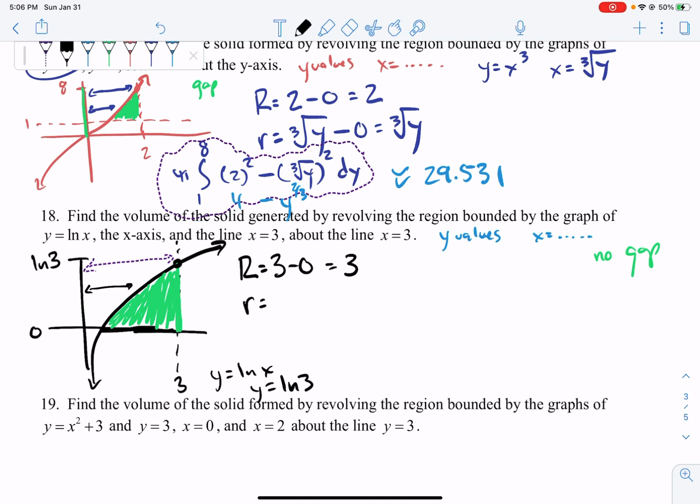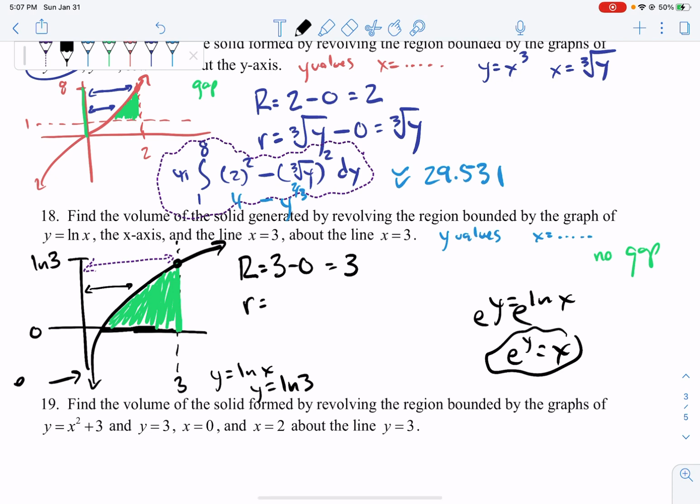So that line is y equals natural log of x. I want x by itself, so I'm going to e both sides, and I end up with e to the y equals x. So that's my function written in terms of x. So this line right here is actually e to the y. So when I do my little r, that's my right function, so it's e to the y minus my left endpoint.